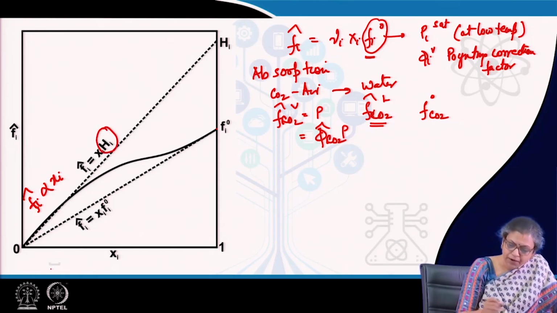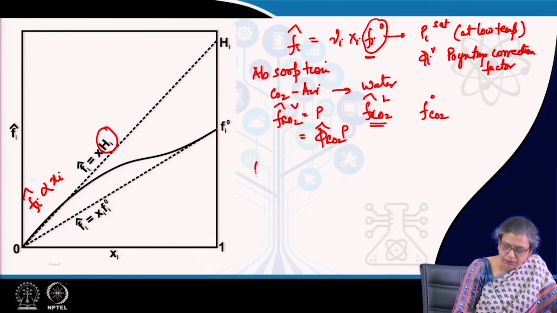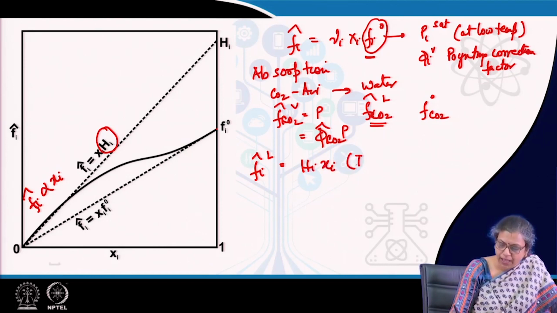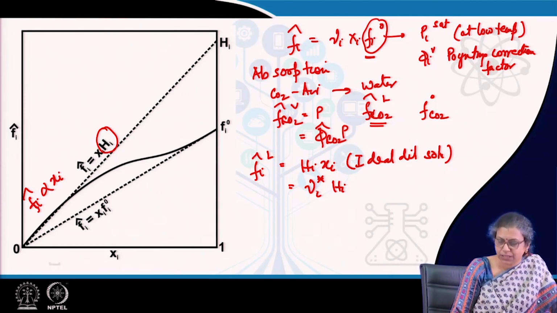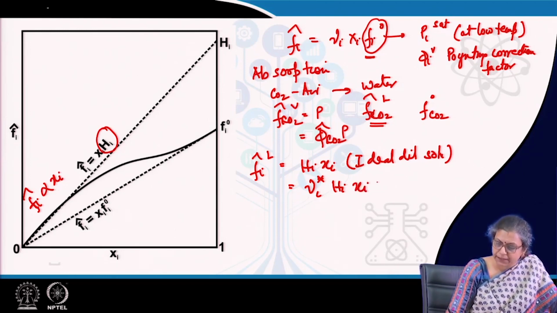So, for absorption we can very well write that fi in the liquid state equals Hi into xi for an ideal dilute solution, or if it is not an ideal dilute solution, we modify it by an activity coefficient, which I have denoted gamma i star, that corresponds to the deviation from the ideal dilute solution model, and this will be equal to yiP.